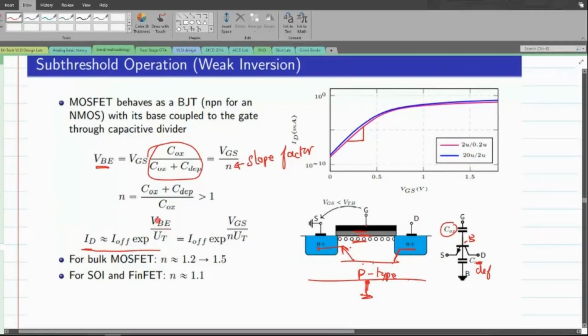But we know that VBE is stepped down by a factor of N, so when I plug it in, I end up with VGS divided by the slope factor times the thermal voltage UT. Normally for a bulk MOSFET, for any particular technology, N varies from 1.2 to 1.1. But for silicon-on-insulator or FinFET technologies, the value of N is closer to 1.1.